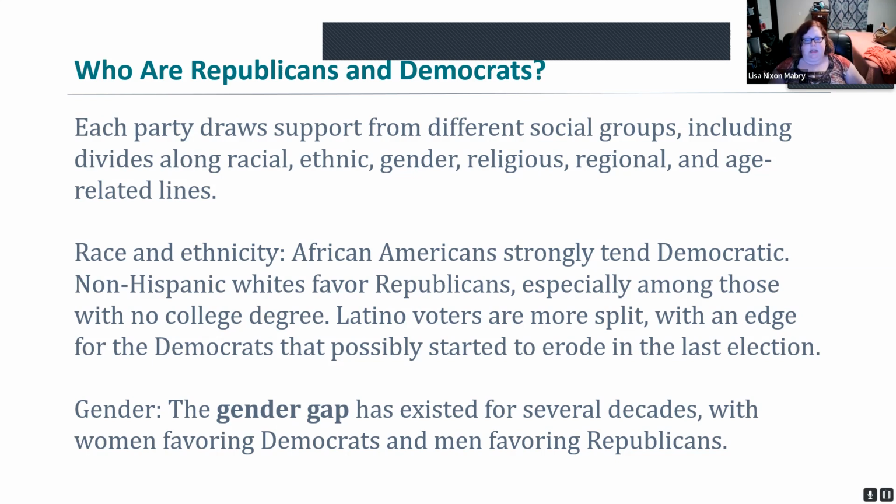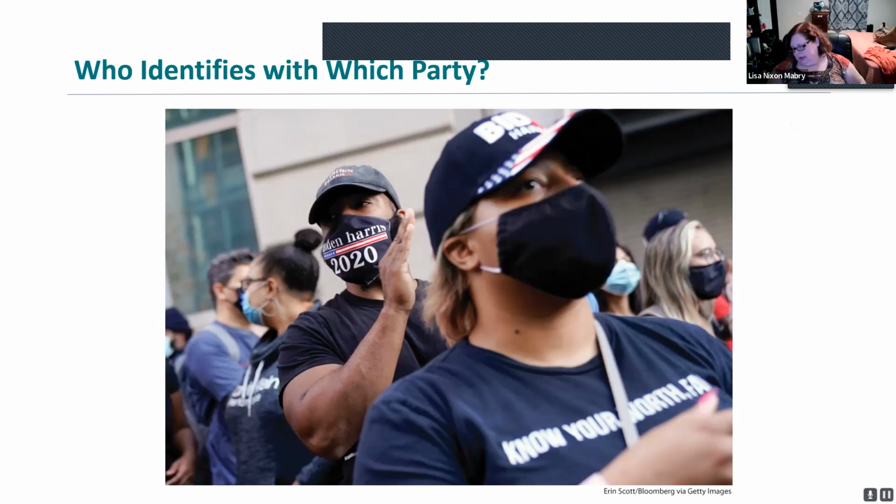African Americans and women tend to be more Democrat. Non-Hispanic whites tend to be more Republican, especially without a college degree. Latino voters are very split with a slight edge for Democrats. Men in general favor Republicans slightly more. That's a summary, and we won't go into all of the details at the same level we did in the previous chapters.